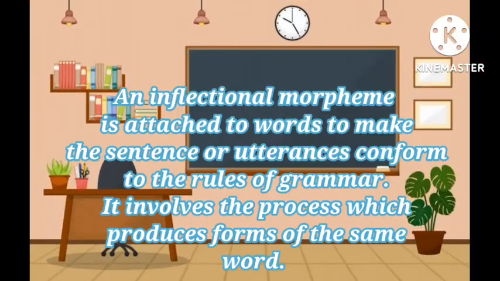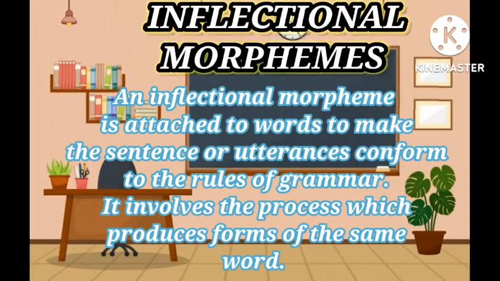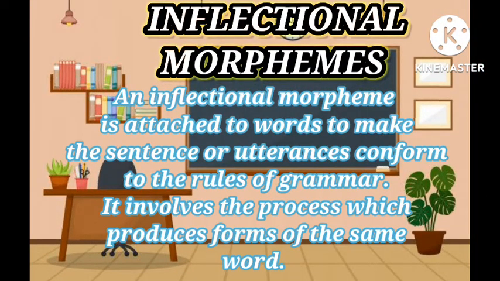We say inflectional morphemes are morphemes that are attached to words to make the sentences or utterances conform to the rules of grammar. It involves the process which produces forms of the same word.